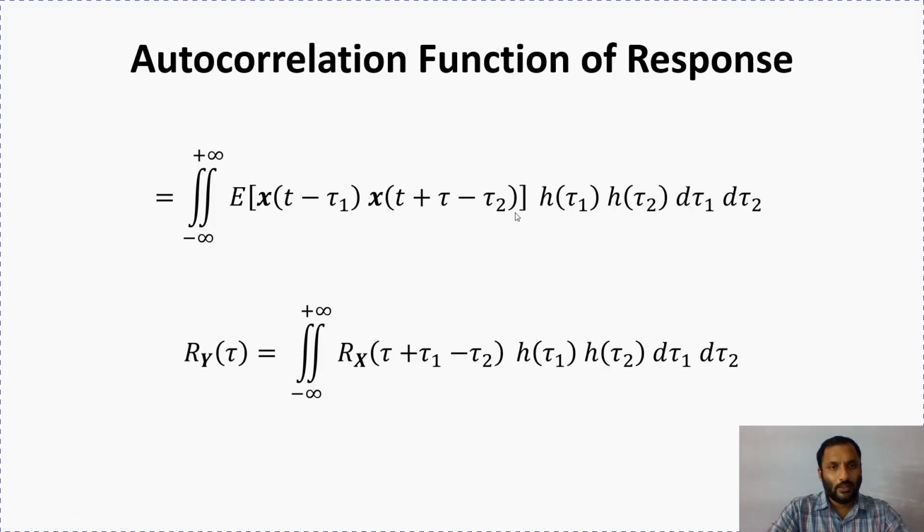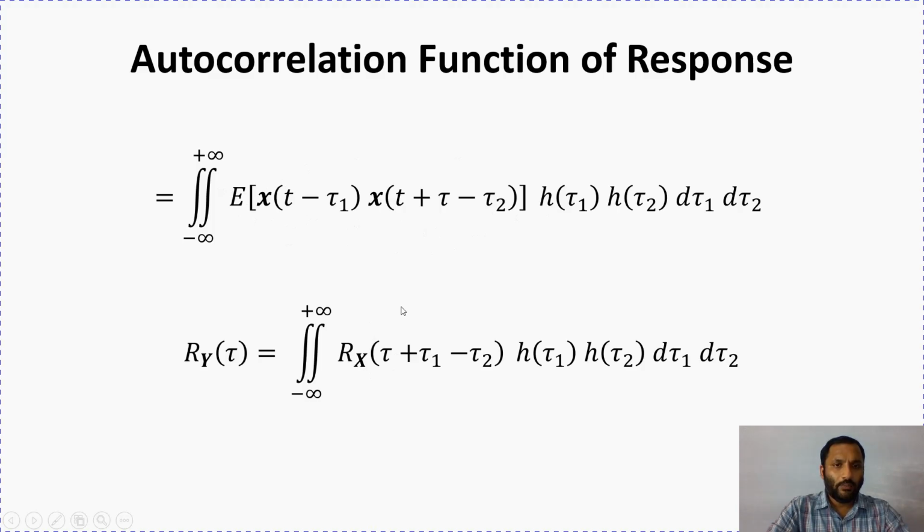When we have the expectation of a product of two random variables at different time points, this is called the autocorrelation of the random process x. Therefore I substitute that there, that is Rx.